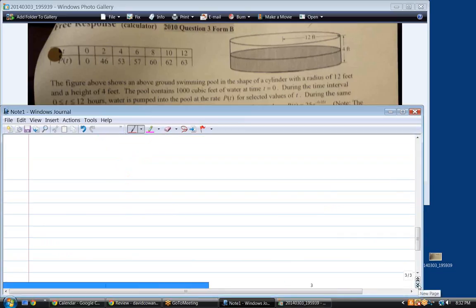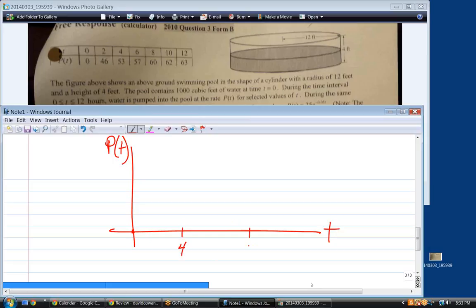So if we look at just P of t, starting at 0, we're going to divide this into 3 equal segments of 4 units each.